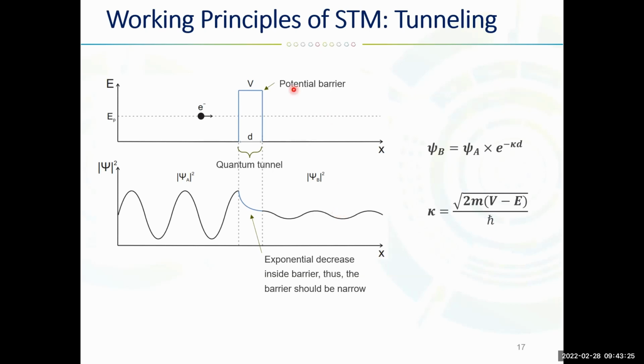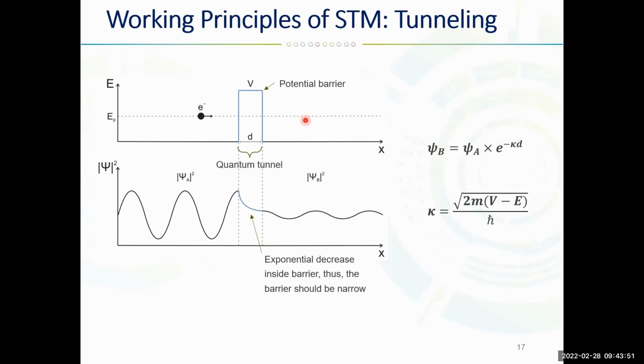So here you can see the voltage of the potential barrier and how an electron moves via this barrier. The scanning tunneling microscope is basically the predecessor of atomic force microscopy, a near field microscope.